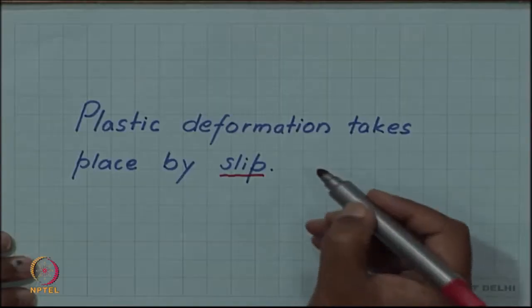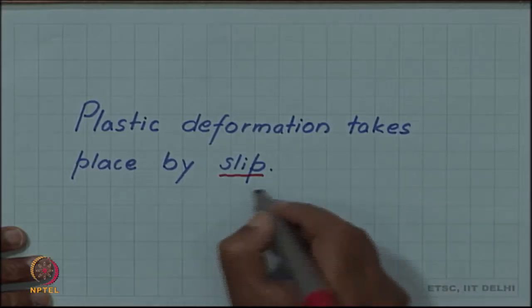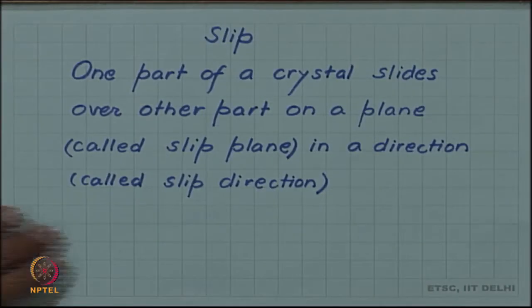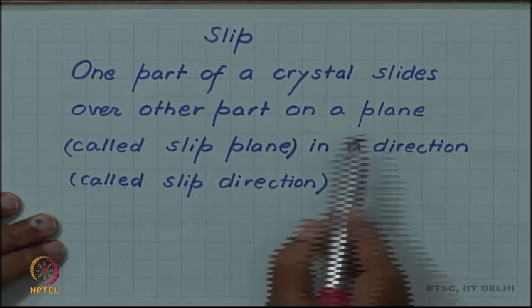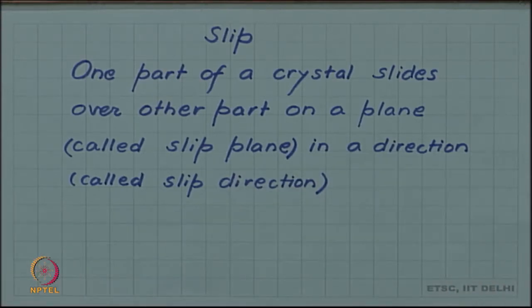To explain that, plastic deformation was understood to take place by slip, and by slip we meant that one part of the crystal slides over the other part on a plane called slip plane in a direction called slip direction.